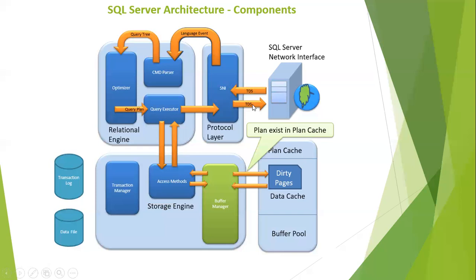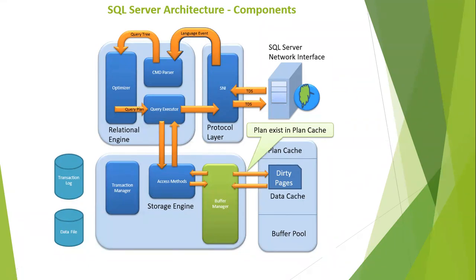Your SQL query text will be wrapped into TDS packets and sent to the network library on the SQL Server side. Once it is received by the SQL network library interface, it will unwrap the TDS packets and send that text, or language event, to the command parser.